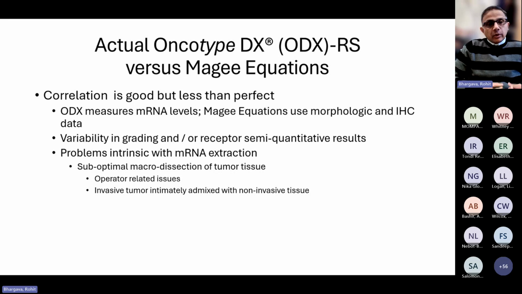However, there are also problems intrinsic with mRNA extraction, which is not talked about that much. That could result from suboptimal macro dissection of the tumor tissue, which could be operator related. Not all techs will do the same job similarly. Invasive tumor sometimes is intimately admixed with non-invasive tissue, and sometimes it's just not possible to separate this out.